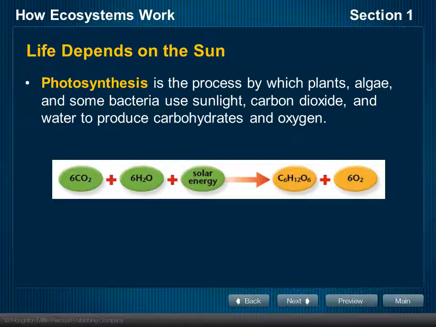And the chemical process then is going to yield 1 molecule of glucose, that's the C6H12O6, and 6 molecules of oxygen that are given off. Again, here the plant is interested in getting the glucose, the plant is interested in getting the carbohydrate, and the oxygen is given off as a byproduct of the process.